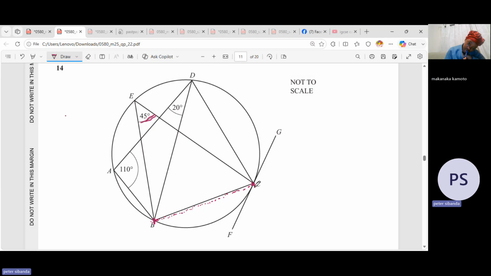You said E, and I said it's correct because there is a line from this end meeting at E there, and another from the other end. Is there any other angle with lines coming from the ends of this chord meeting somewhere at the circumference? Because that's what would be subtended by the chord BC. Follow the lines. Any line from here and from here meeting somewhere at the circumference besides the 45 you have already told us?